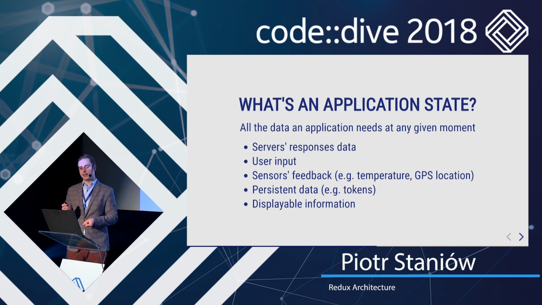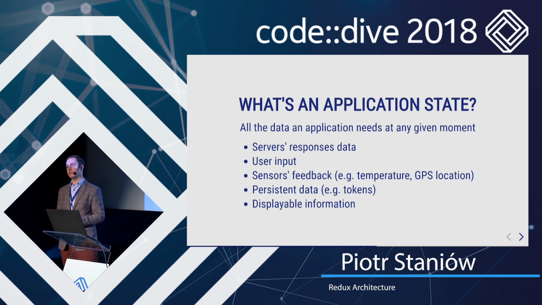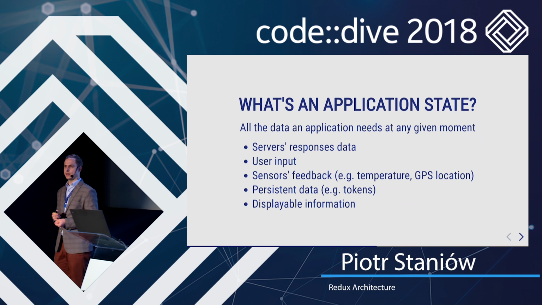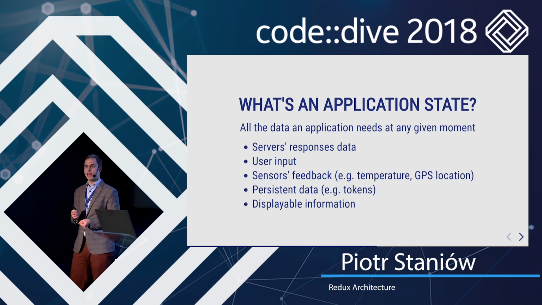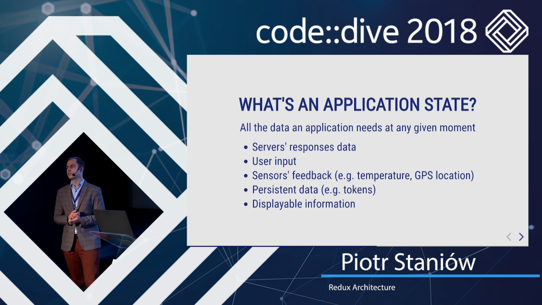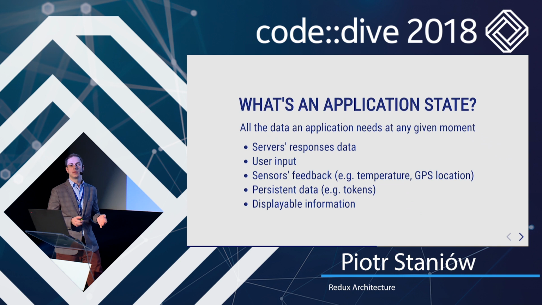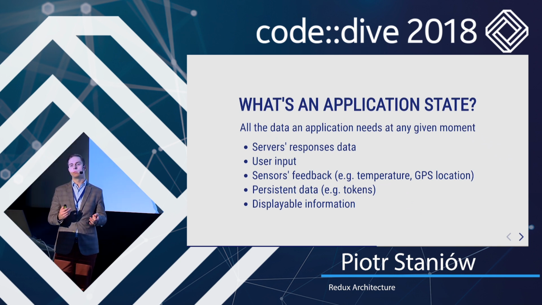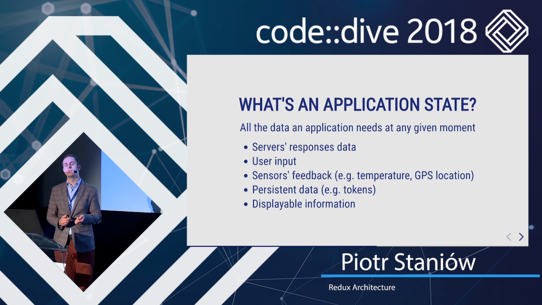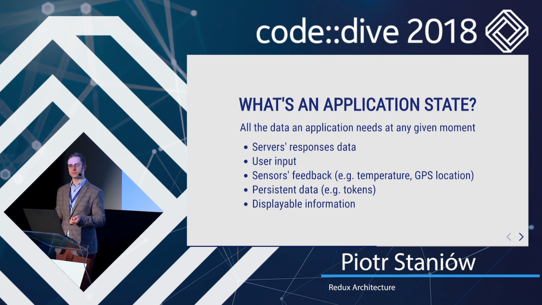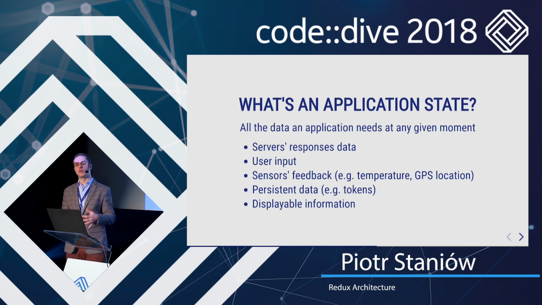Application state is all the information, all the data that an application needs at any given moment. This might be user responses. In web applications, this is natural because you're communicating with some databases, some APIs, and you have to store the information you gather.